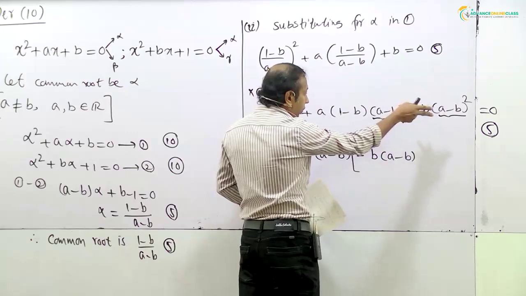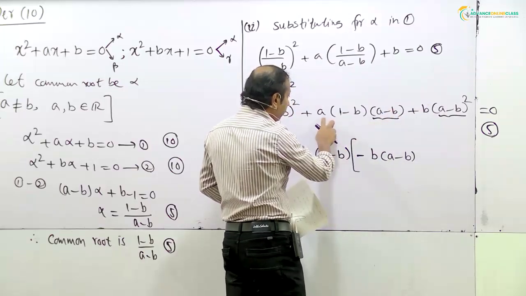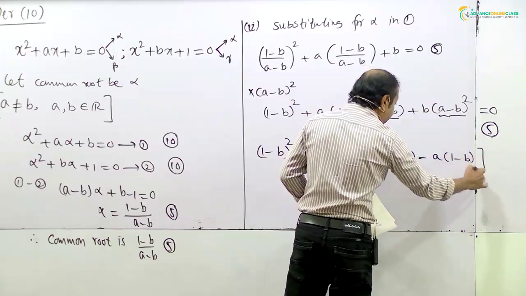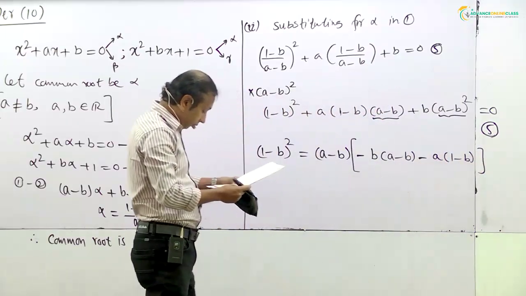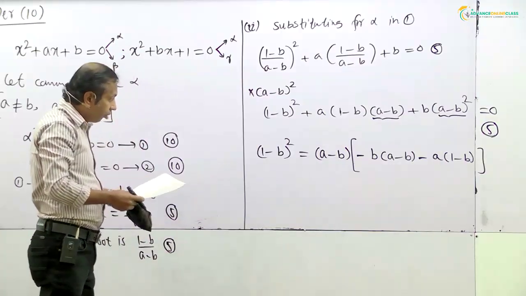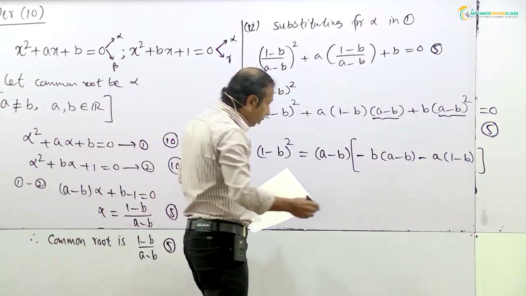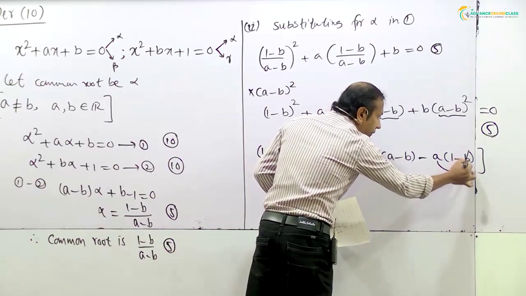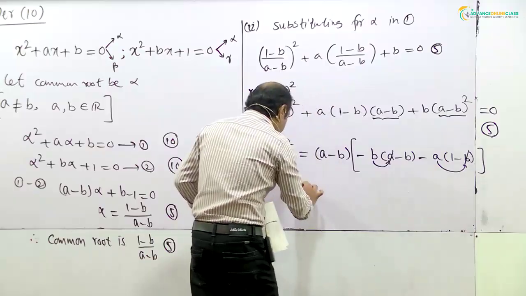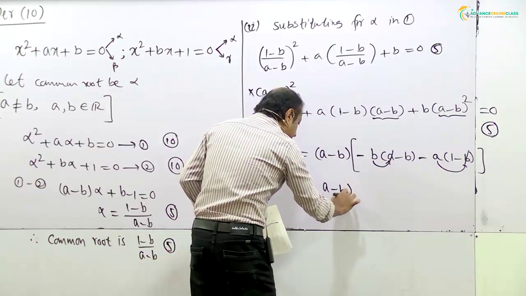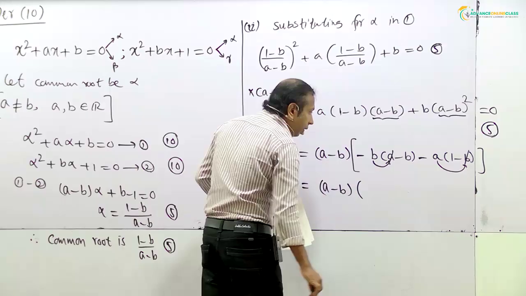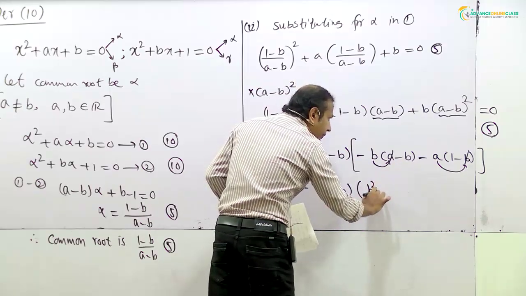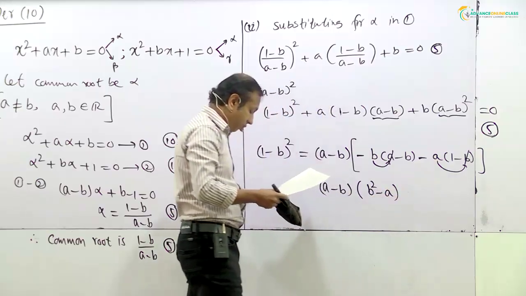When you take this out, this will be minus a times 1 minus b. Now here is minus ba and plus ab. You can cancel those down, no? Now we have here minus plus b squared minus a. This way we get, no?